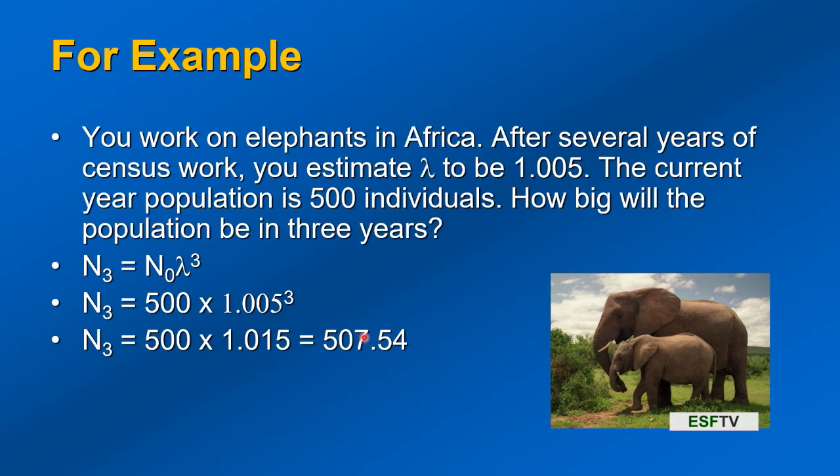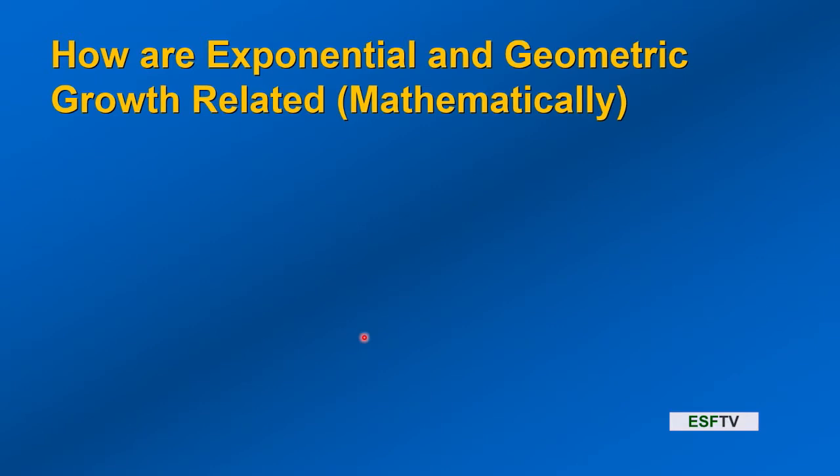Okay. So, right, elephants. Now let's look at how the exponential and the geometric growth rate are related mathematically. They actually are, as you can imagine. They're both looking at growth. The exponential growth is so named because you're looking at the exponents.